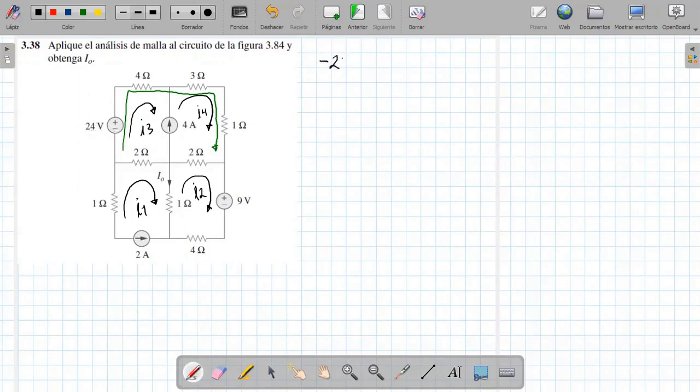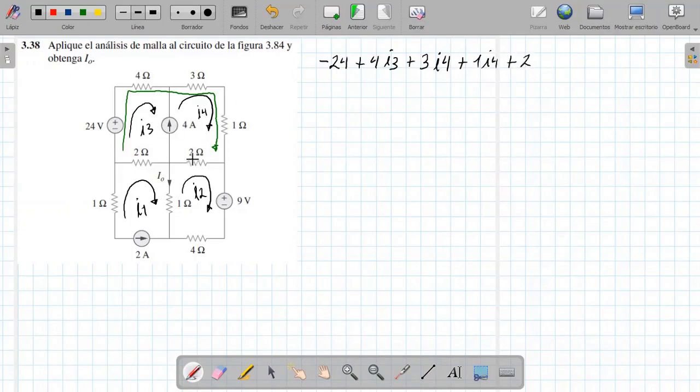Well, it comes this way and it would be plus 4 times the current I3, and we continue straight to the other mesh, which would be plus 3 times the current I4 coming this way, plus 1 times the current I4 again, and when it reaches this point, plus 2 times the current.